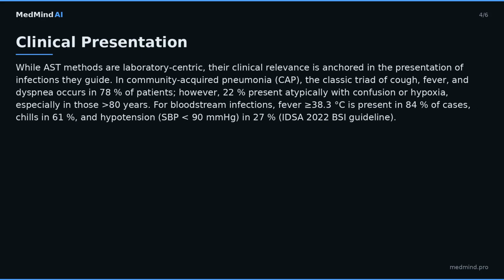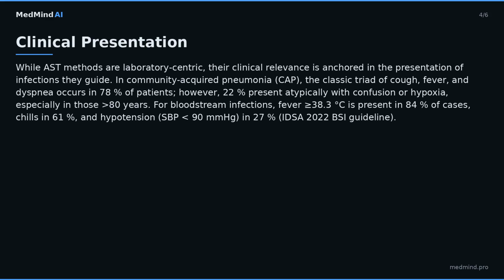Clinical presentation. While AST methods are laboratory-centric, their clinical relevance is anchored in the presentation of infections they guide. In community-acquired pneumonia, CAP, the classic triad of cough, fever, and dyspnea occurs in 78% of patients. However, 22% present atypically with confusion or hypoxia, especially in those greater than 80 years.